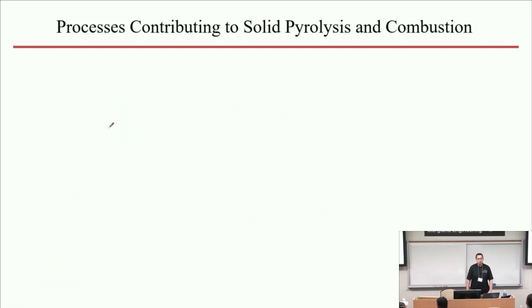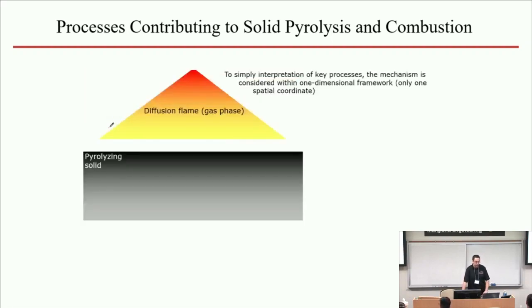So what are the actual processes that contribute to the production of gases by the solid? Let's take a deeper look at this process. Per our initial definition, for the solid to start to thermally degrade, you need some kind of external heat flux.